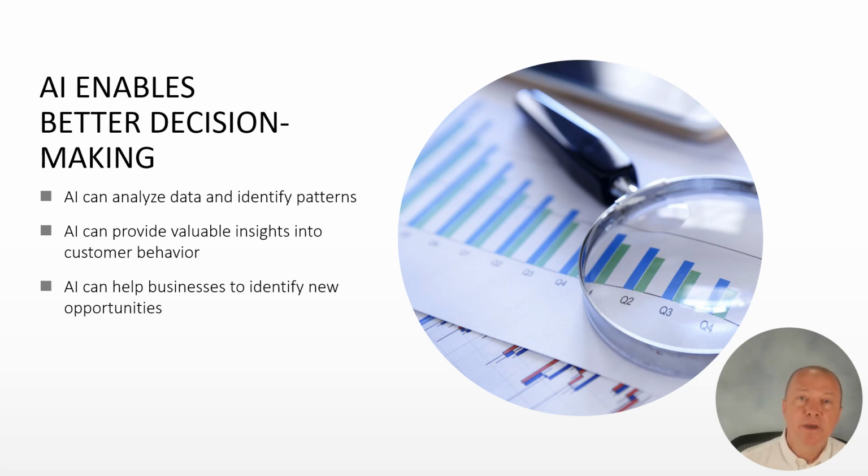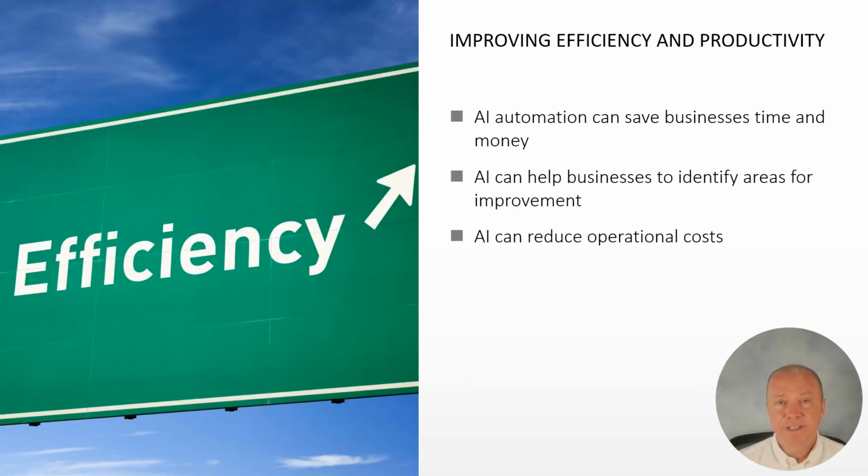It helps us to better analyze data and identify patterns. It can provide valuable insights into customer behavior, as well as help our businesses to identify new opportunities. And as I said, AI does help our organizations to improve efficiency and productivity, which is great so long as yours is the organization to actually take advantage of it.